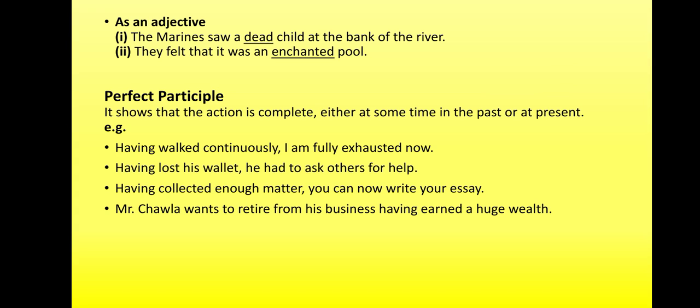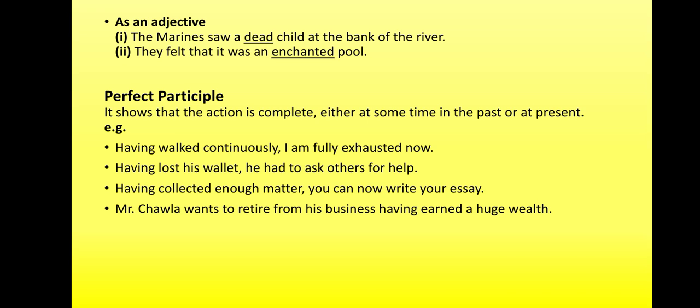A little more example for using as an adjective: the Marians saw a dead child at the bank of the river. They felt that it was an enchanted pool. Here, dead as well as enchanted are adjectives.